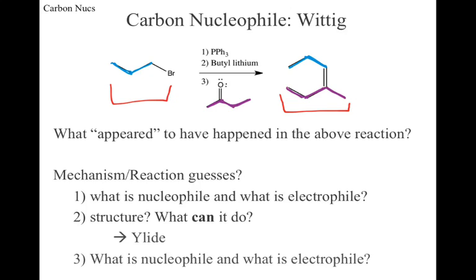The result of the Wittig reaction is that we take our carbon and connect it to our carbonyl carbon, and we pretty much swap out oxygen for carbon, and we generate our new pi bond connecting 2 carbons. Fascinating reaction, and how we figured this out I don't really know, but it's kind of neat.